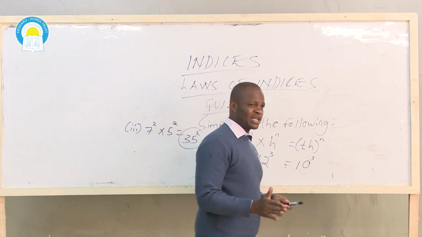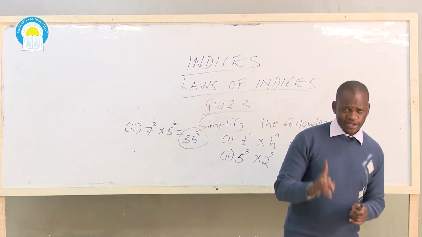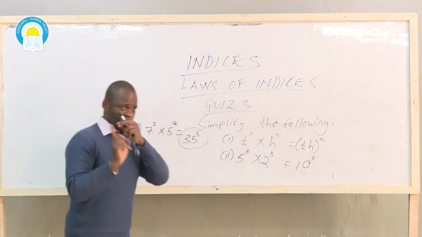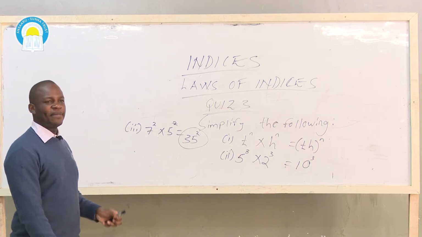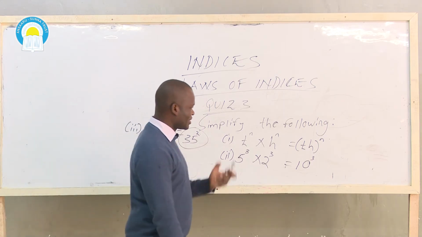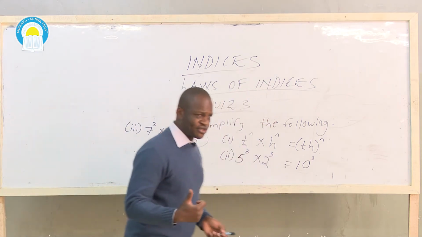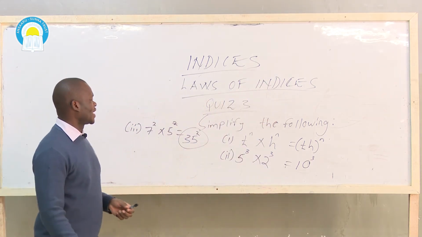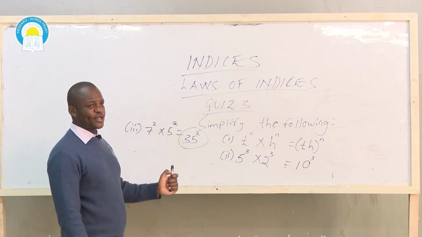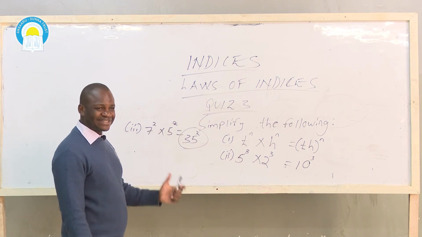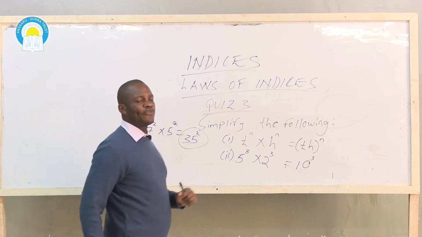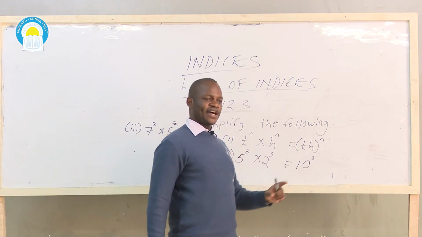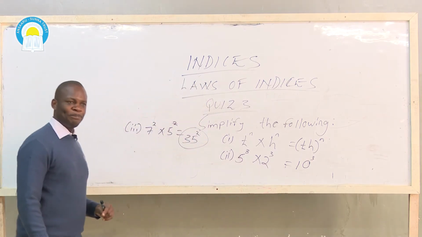So far we have seen how many laws? 3 laws. Number 1, law of multiplication having the same bases. Law number 2, the law of division having the same bases, and law number 3, the law of multiplication having the same power.